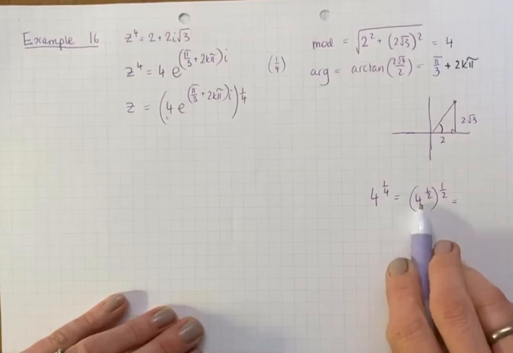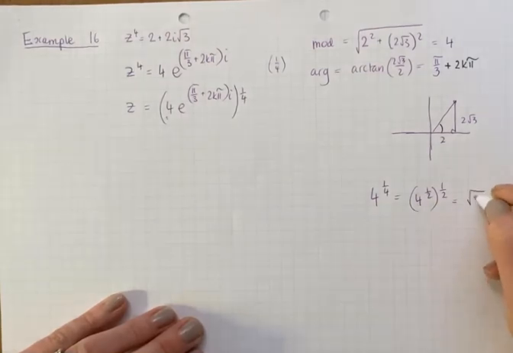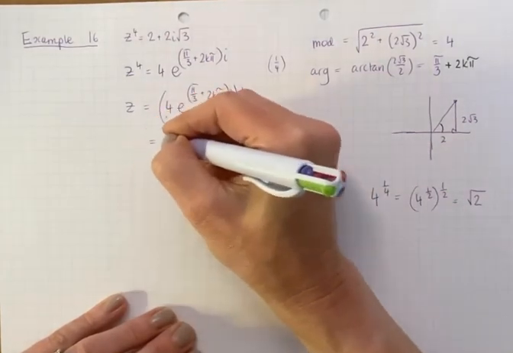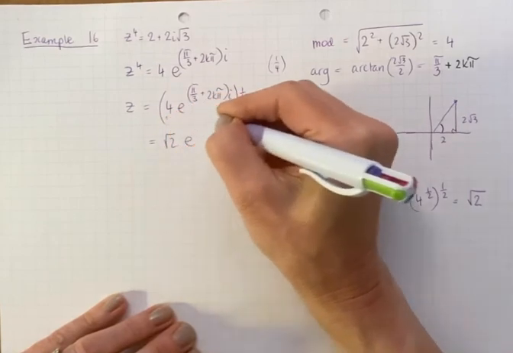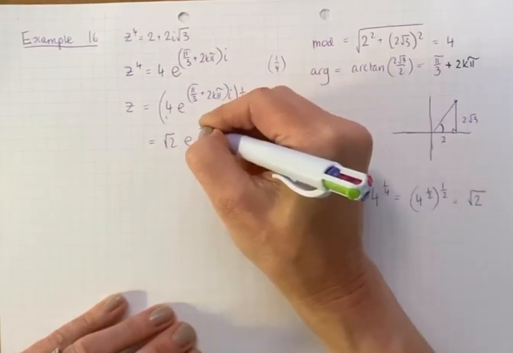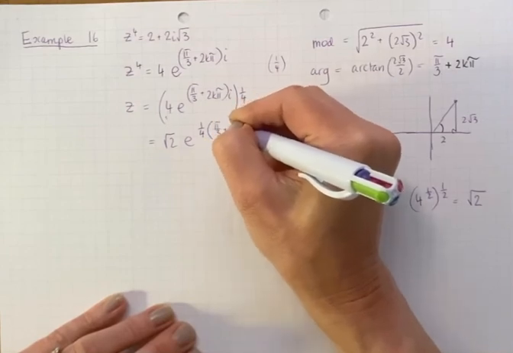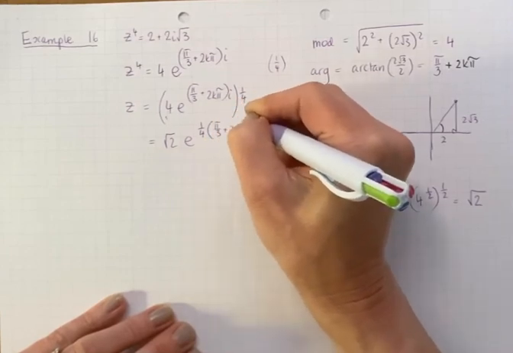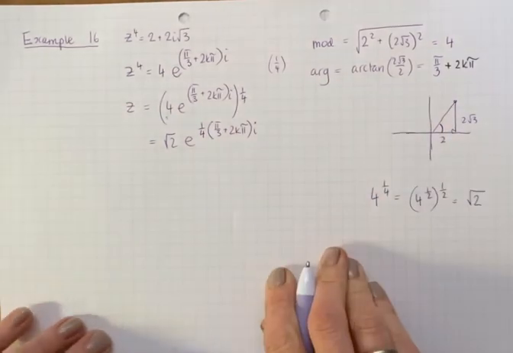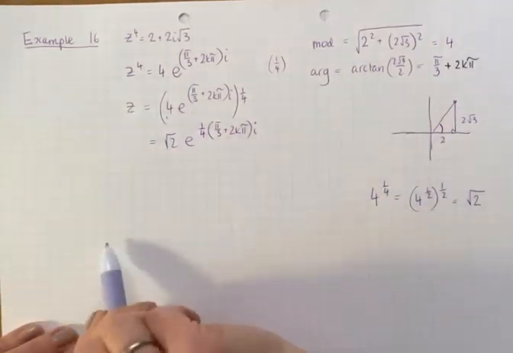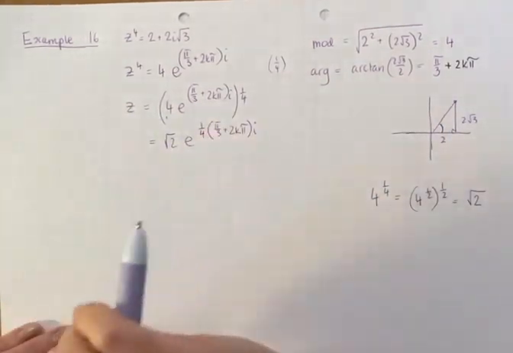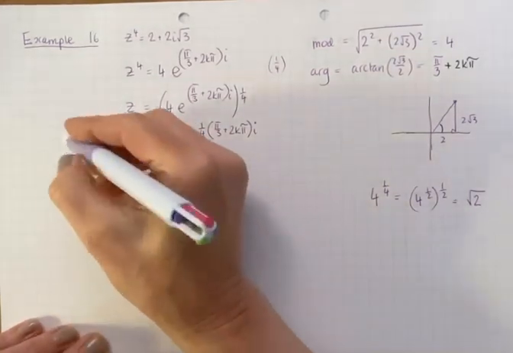So 2 square rooted is root 2. Okay, so root 2 e to the power of, I'll put a quarter at the start, pi over 3 plus 2k pi, times i. All we need to do now is find 4 solutions, since it's to the power of 4.